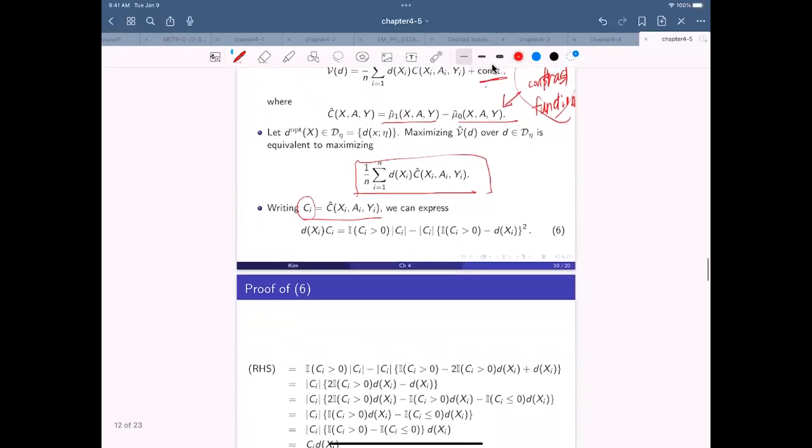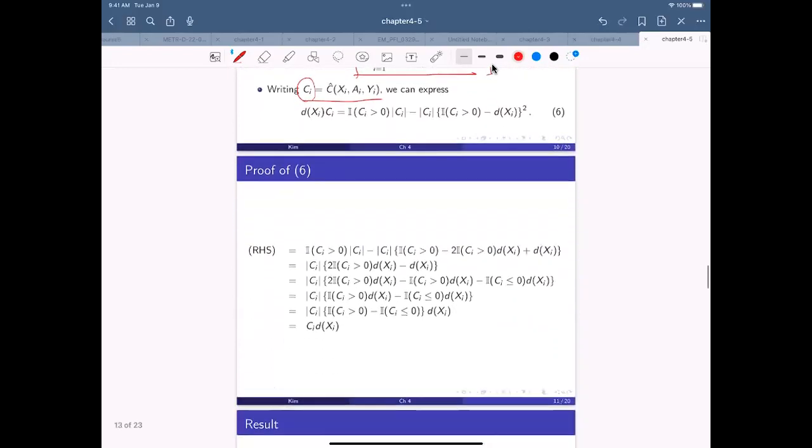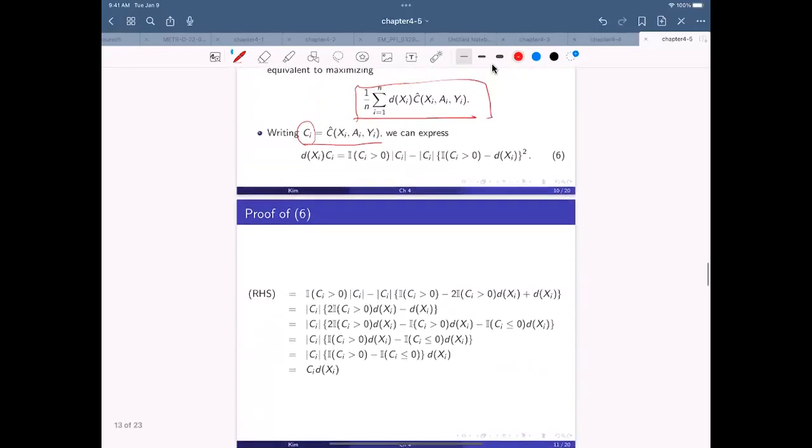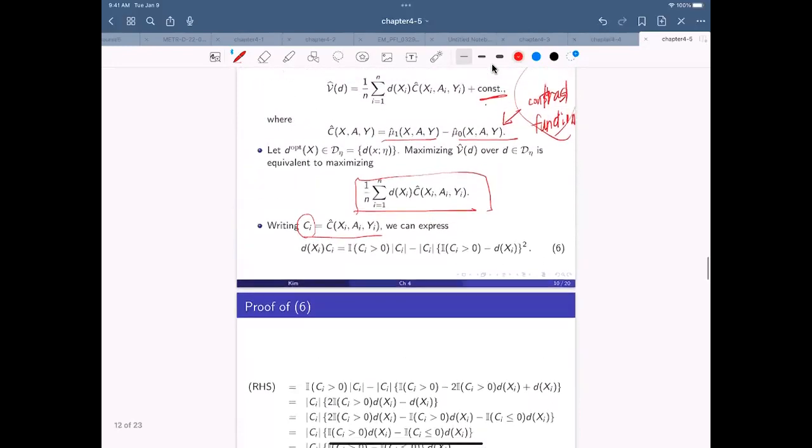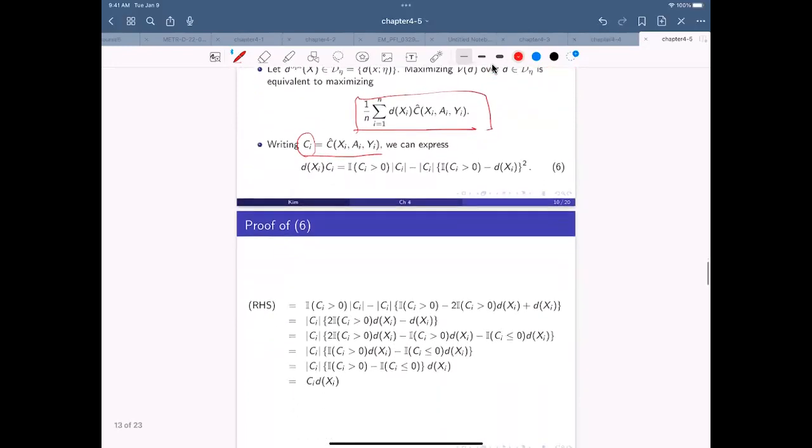And then there's some algebra you can apply. In the last class I tried to show this, but usually this is not really easy. You should use this direction, right? Going from complex to simple is easier than from simple to complex.